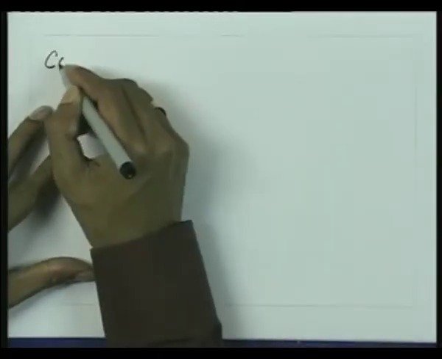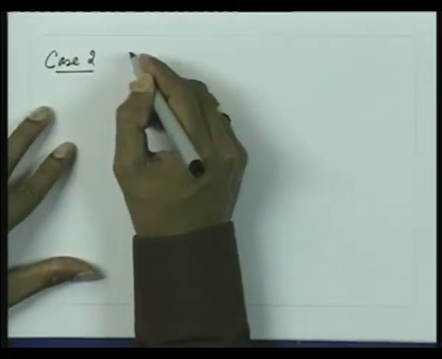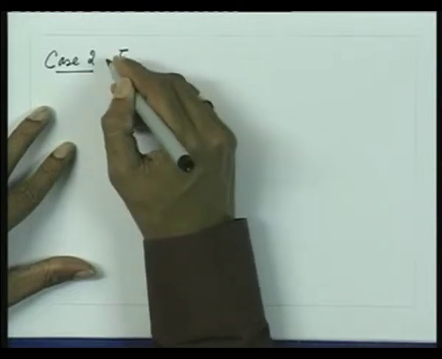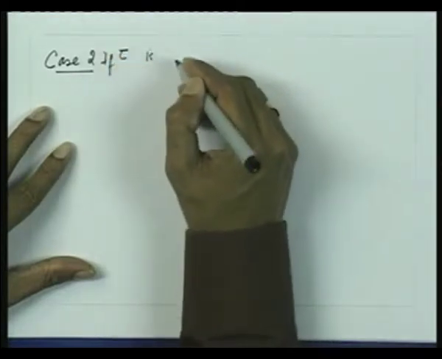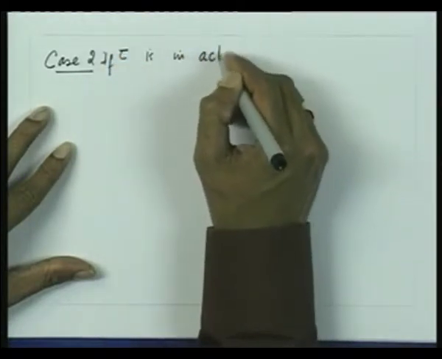So we will now try to prove the second case, case 2, when tau is somewhere in the active period, something like this.